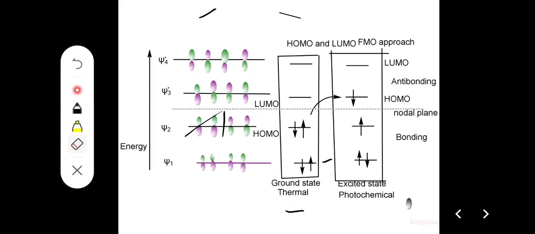So psi 3 star is now an occupied molecular orbital. Psi 3 star is termed the HOMO for photochemical reactions, and psi 4 star is termed the LUMO when h nu is used.